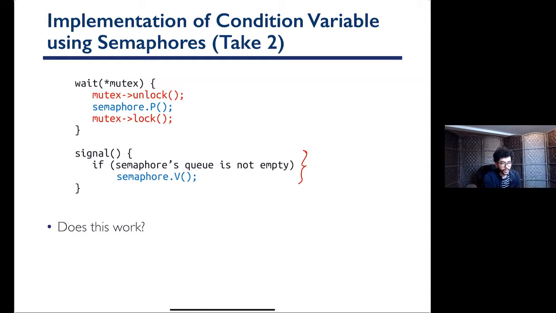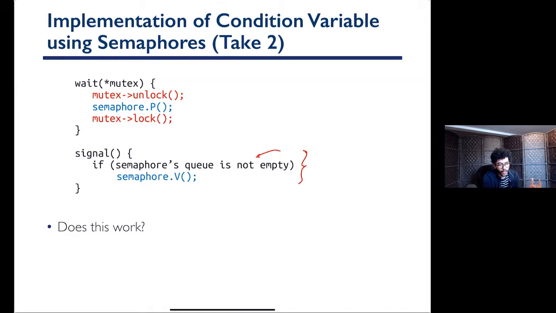The reason is there is no way for us to have any access to the semaphore's internal variables. The only two operations that are defined on a semaphore are P and V. So there is no way for us to look inside the semaphore. So this is not going to work.